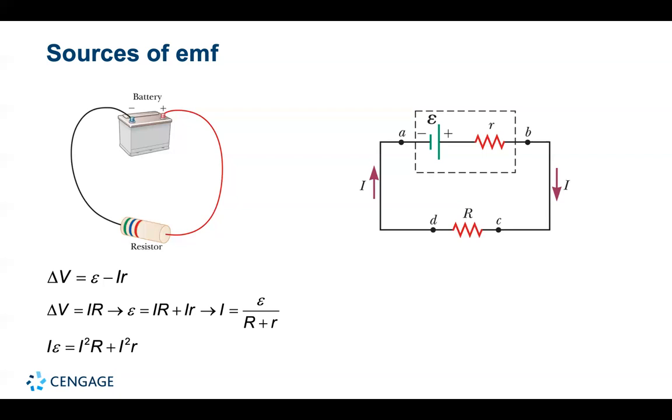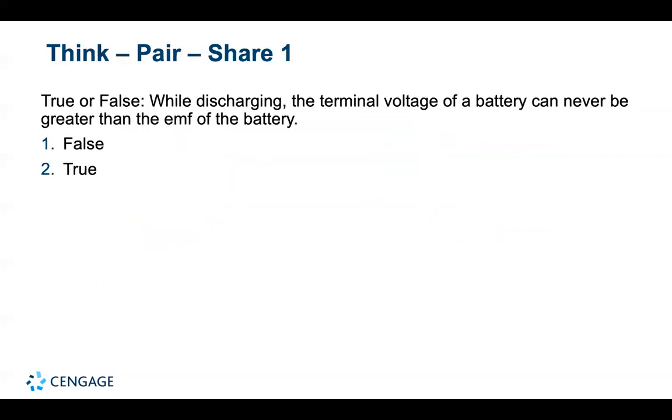The EMF of a source is the work done per unit charge. So the SI unit of the EMF is the volt. And so basically you're seeing that there's a voltage here across the battery. And so that's where you can be thinking of it as EMF, but just thinking this is a voltage source, a battery or some type of power source.